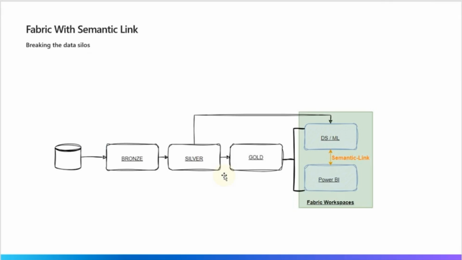But going beyond that, it's not enough to just have a platform. There are many platforms that allow you to create all these different solutions using one single platform. Where Fabric differs is you can use what's called Semantic Link, which is a Python library you can use to create a collaboration between BI personas as well as the data scientists.